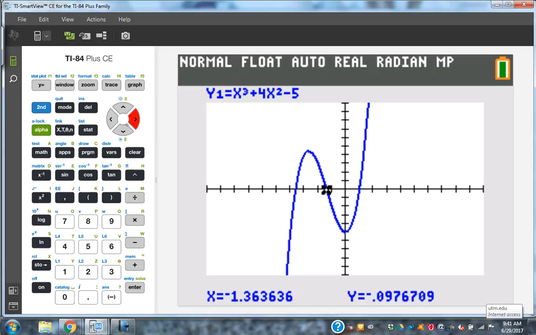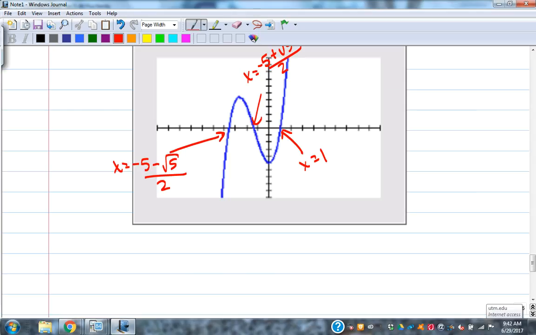There's negative 1.36. That's as close as I could get. That's pretty close, but it's not quite right. So you can't guess them, but you can get close. We can find them using the algebra, and that's the important part. That's what we're trying to get at here. It doesn't necessarily always equate to being able to guess at them on the graph. So that's what we're finding.